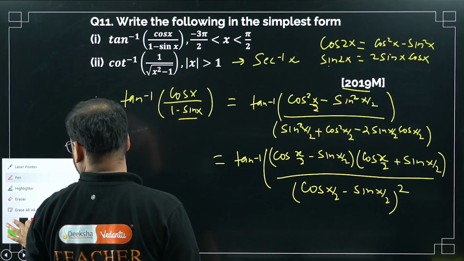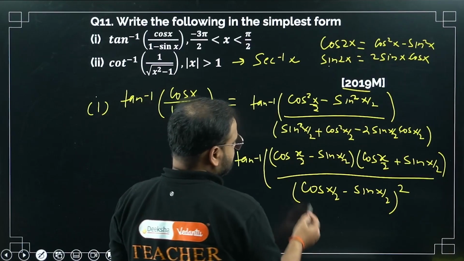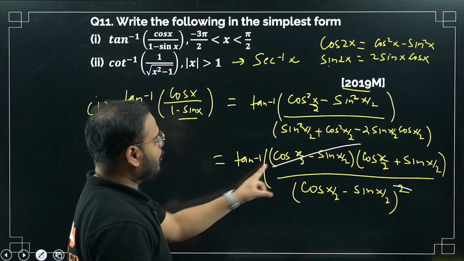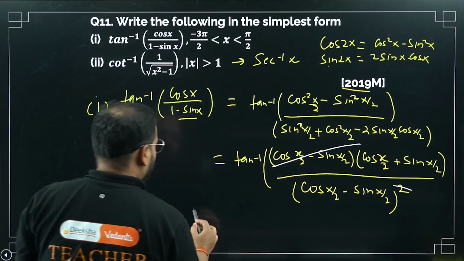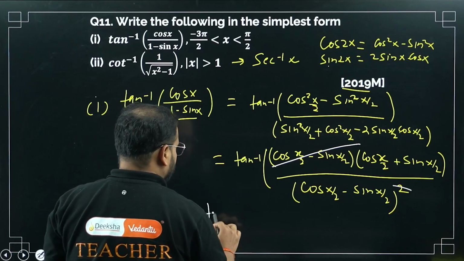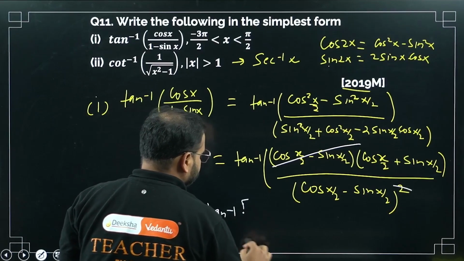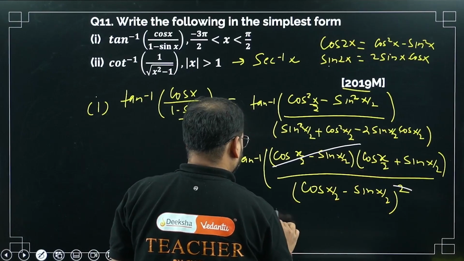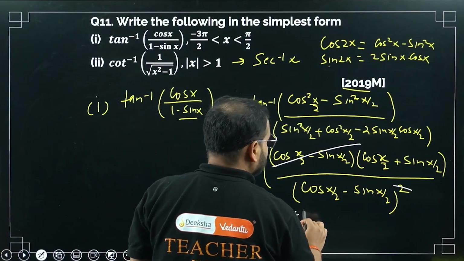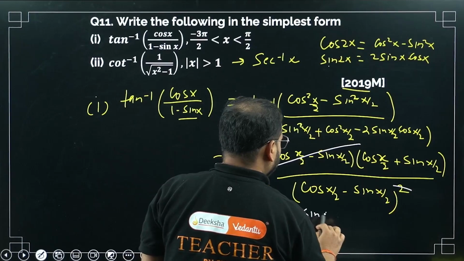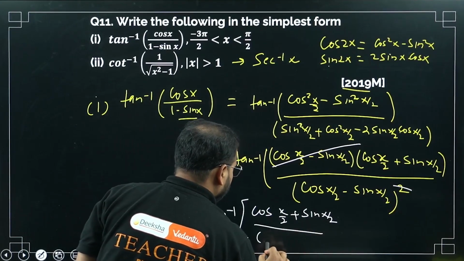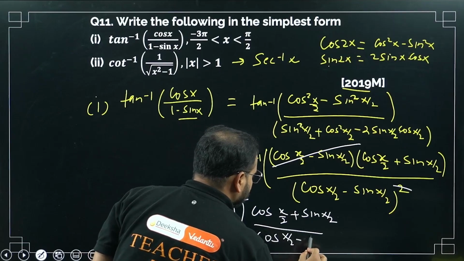Now have a look. I can cancel this with one of them from the denominator. Cos minus sin, cos minus sin. What I'm left with, please check. Tan inverse of cos x by 2 plus sin x by 2 upon the denominator, which is the same thing with the minus sign.